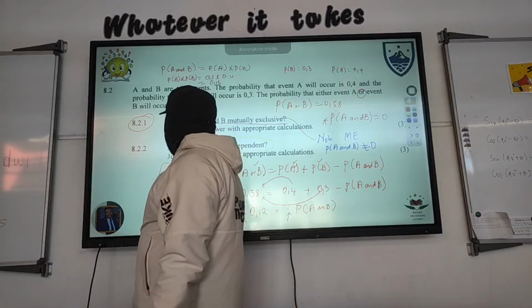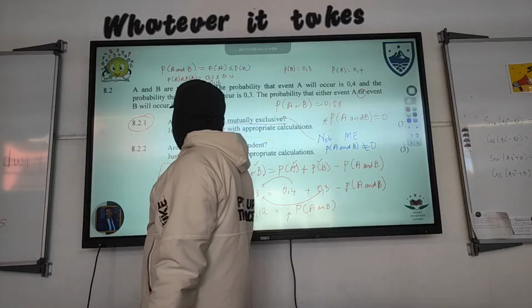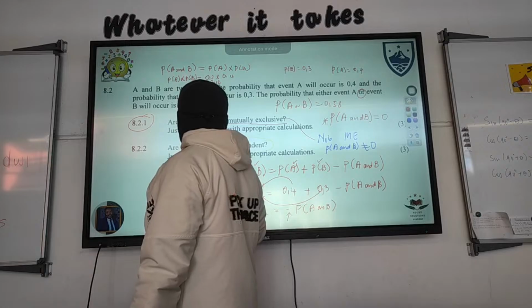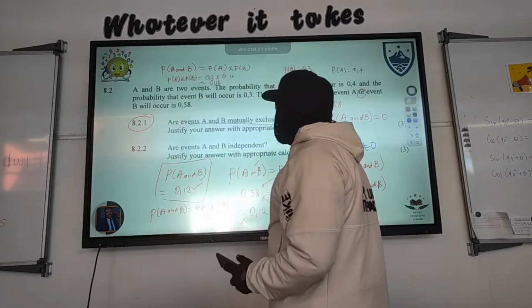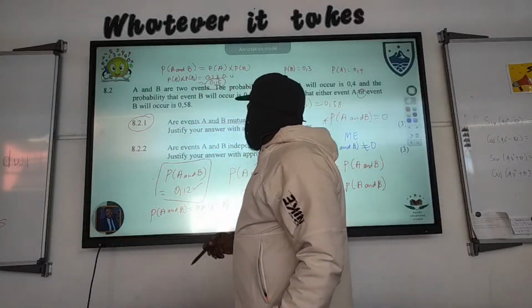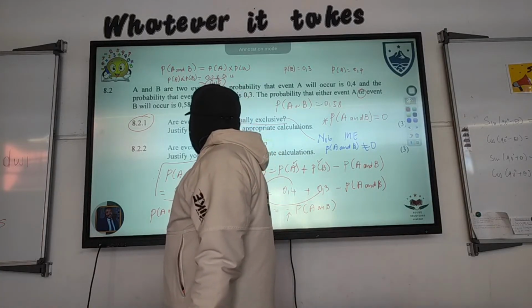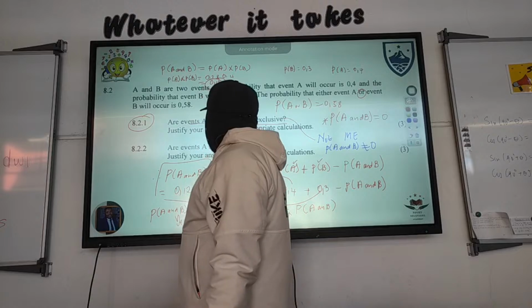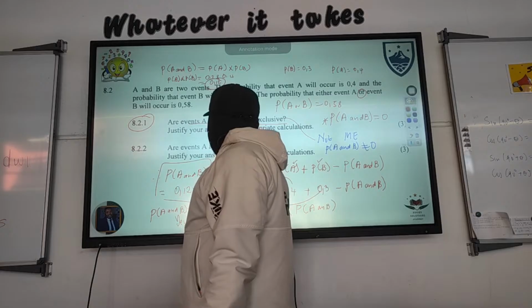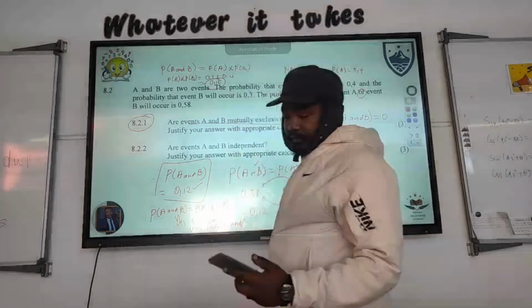So the probability of A and B is equal to the probability of A multiplied by the probability of B. The two values are equal to each other. So we can say, yes, the events are independent.